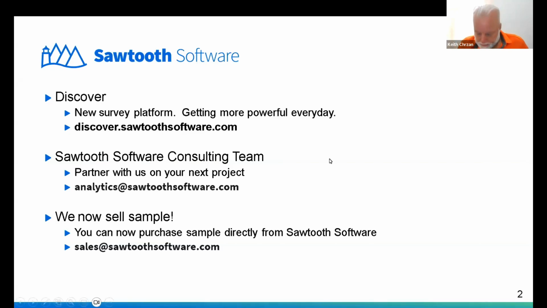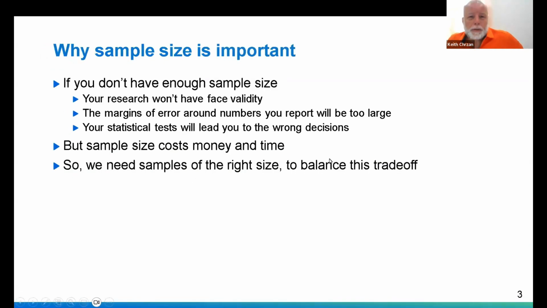Okay. So today we're going to talk about sample size. And sample size is important because if you don't have enough of it, some bad stuff can happen, right? So your research may not even be credible if you didn't talk to enough people, or you might not be able to answer questions with a lot of confidence because your margins of error are wide.